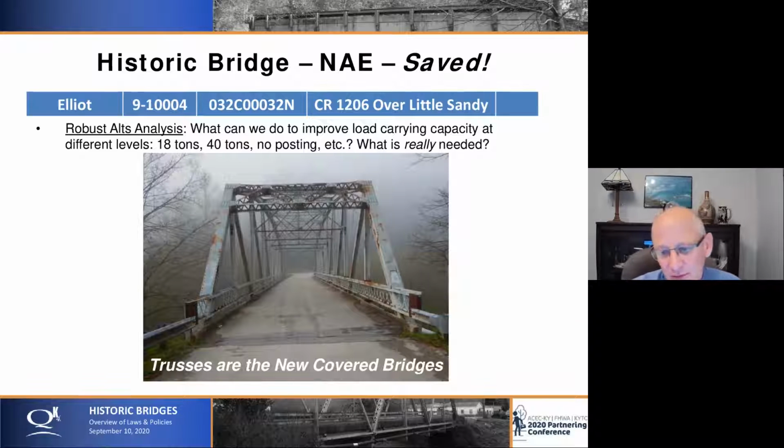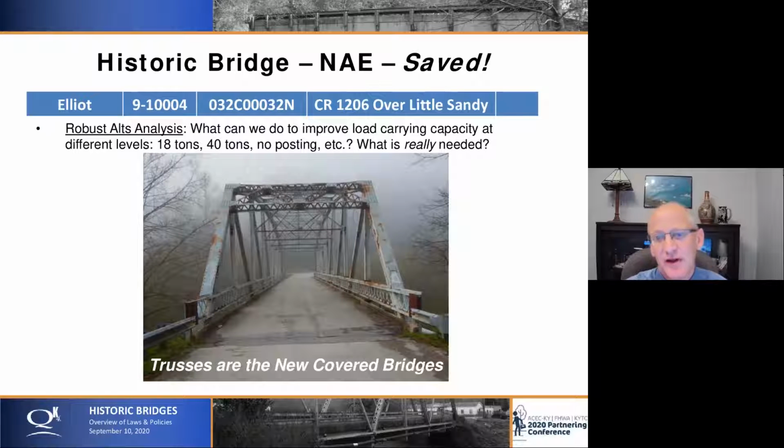So when we talk about truss bridges, we look at the basic question of what is really needed. What is the transportation need for this project? What's on the other side? Is it just a house, or are we carrying a coal truck across it? Once you understand that, you can do an alternatives analysis. This is what we've done in Bridging Kentucky.